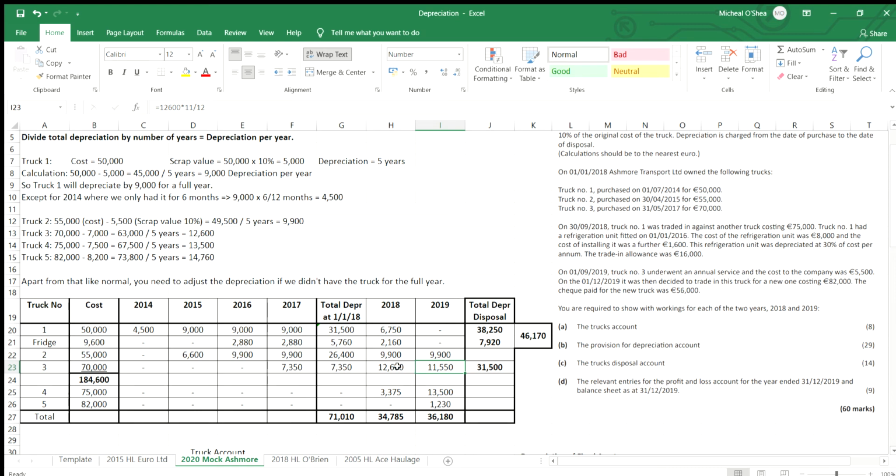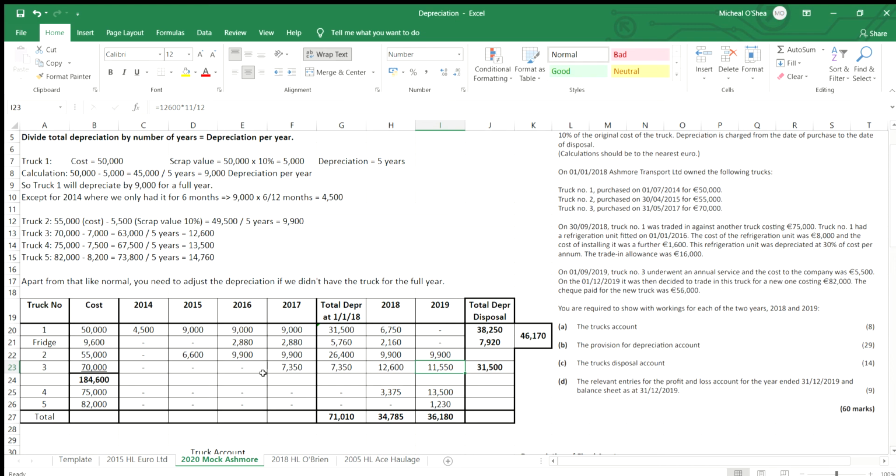So again, just a quick recap. All I've done, as usual for my accounts here, is just find the depreciation for each year, add up the depreciation at the beginning of the year that we're focusing on, which is 2018, and add up the costs of everything I owned at the 1st of the 1st 2018, which is only these 3 vehicles and the fridge.